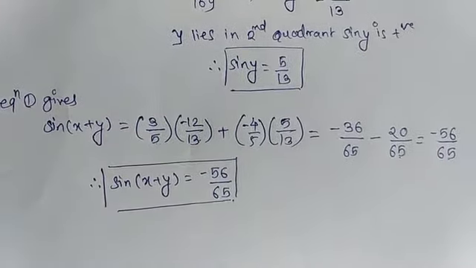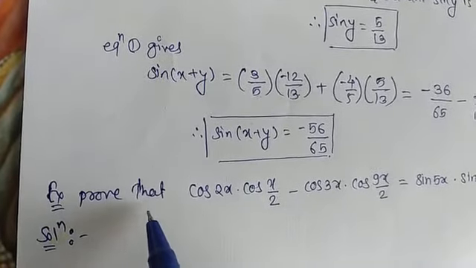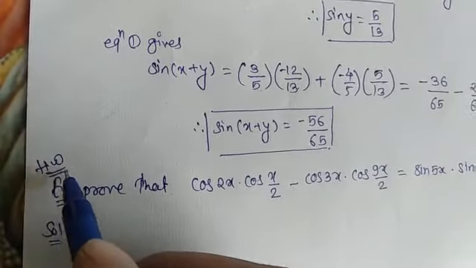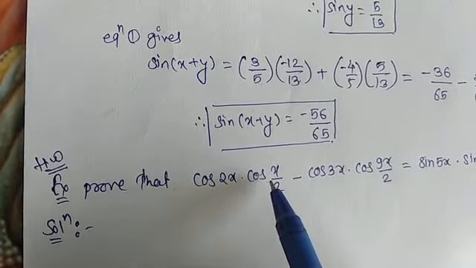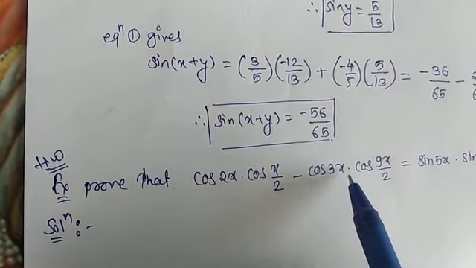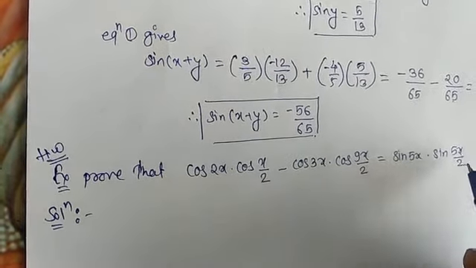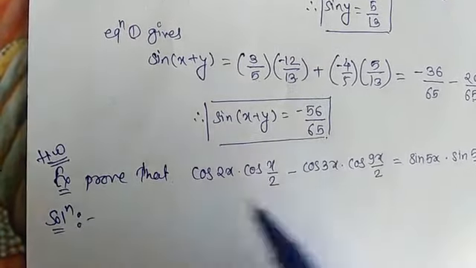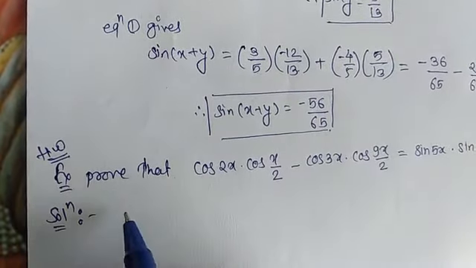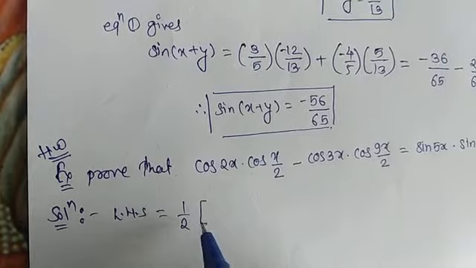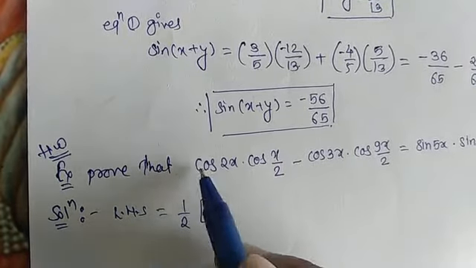Okay, now consider the next example. Prove that, it is for your homework, I will give only a hint. Prove that cos 2x into cos x by 2 minus cos 3x into cos 9x by 2 is equal to sin 5x into sin 5x by 2. Okay, so here you have to take LHS and write 1/2 into multiply 2.